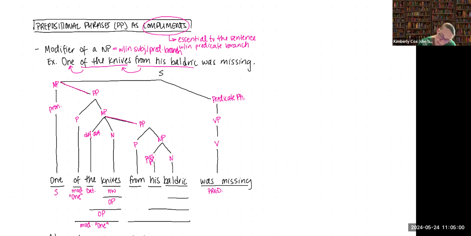From modifies knives. We can tell from where the branches connect. His functions like a determiner. Baldric, once again, is a head word and an object of the preposition. His baldric is an object of the preposition, and all of it modifies knives.